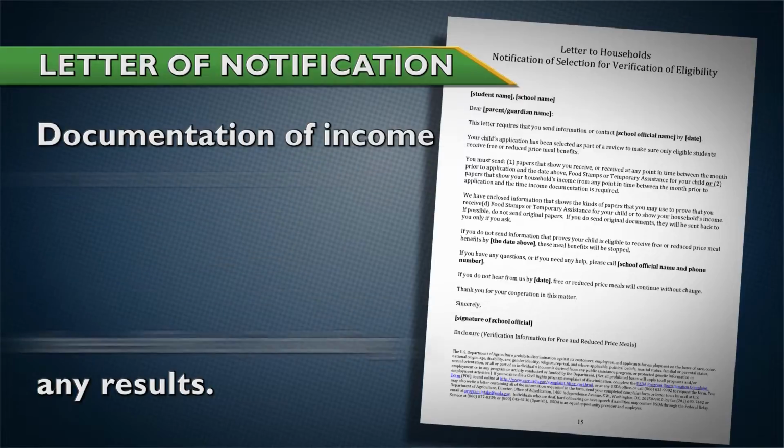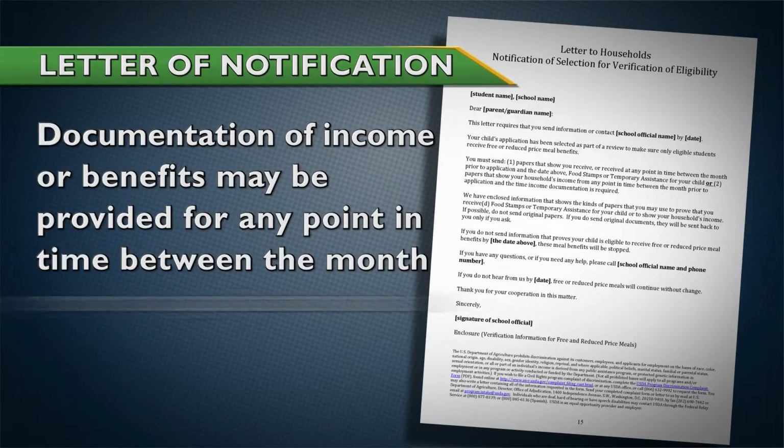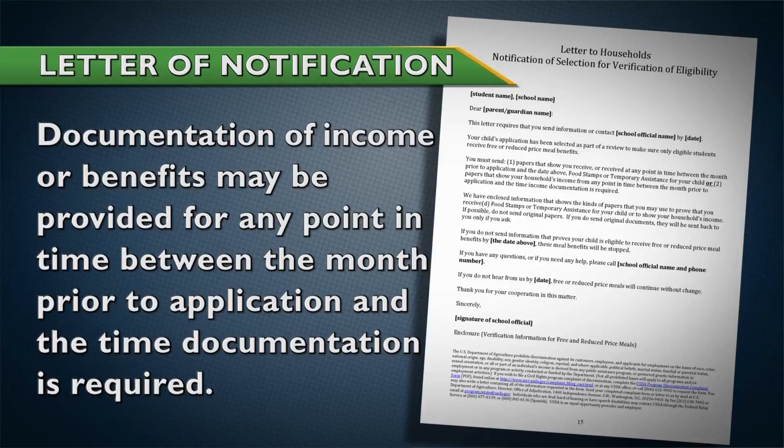Acceptable documentation of income or receipt of SNAP, TANF, or FDPIR benefits may be provided for any point in time between the month prior to application and the time income documentation is required.